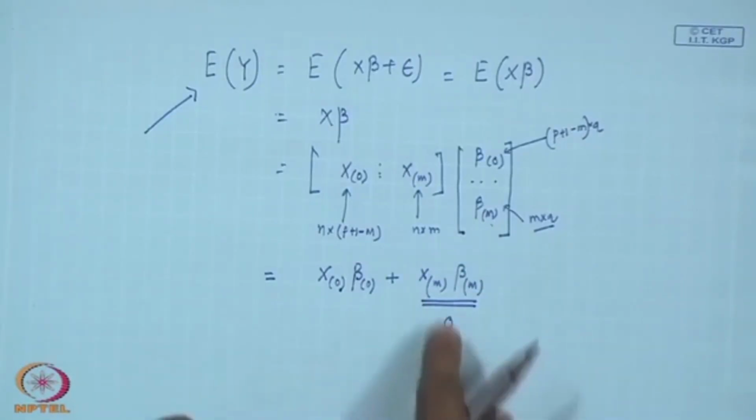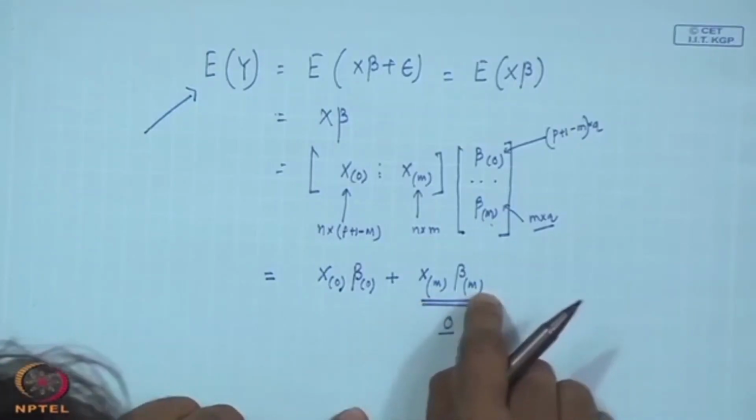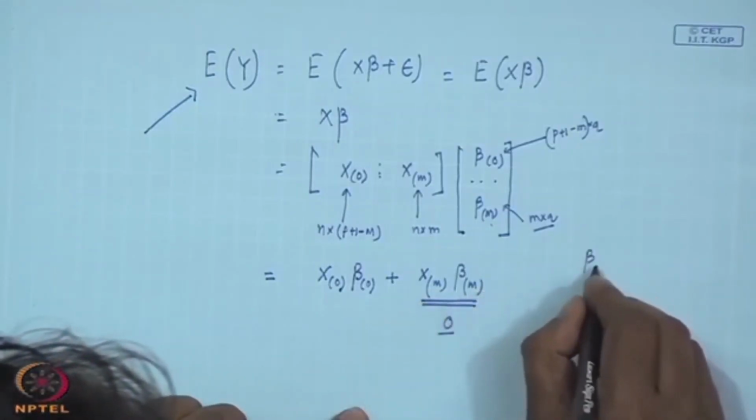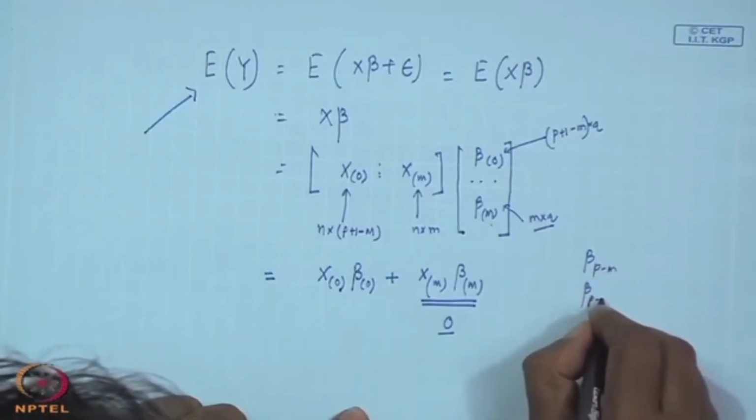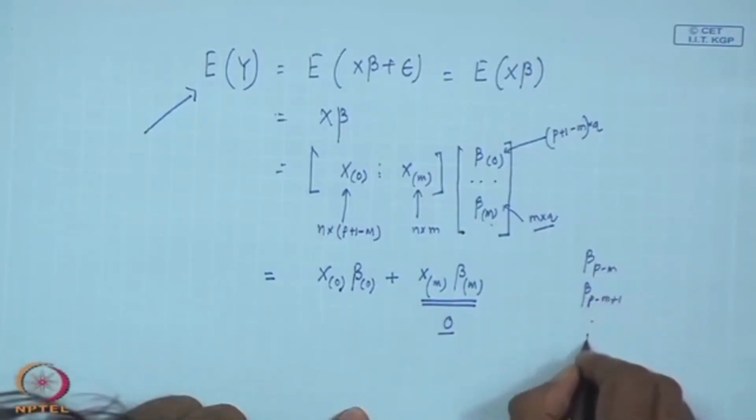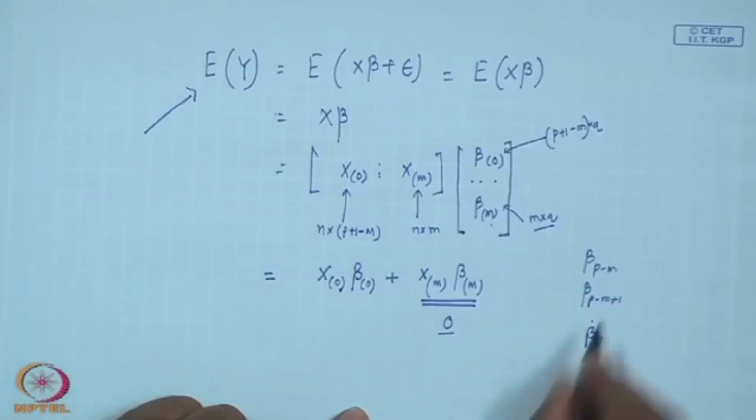Getting me? Your xm beta m is basically beta p minus m, beta p minus m plus 1, like this up to beta p, everything is 0.